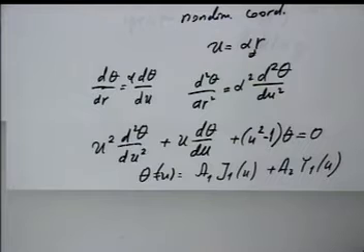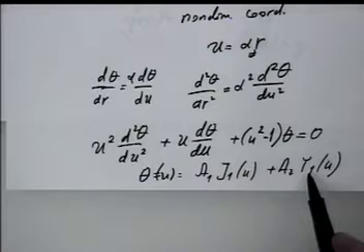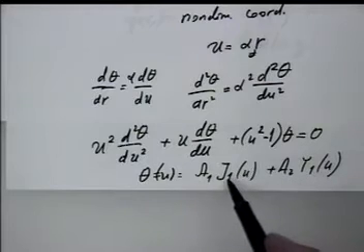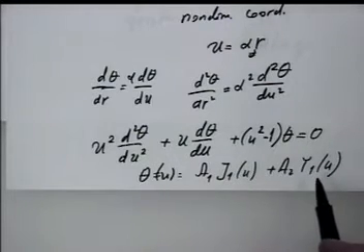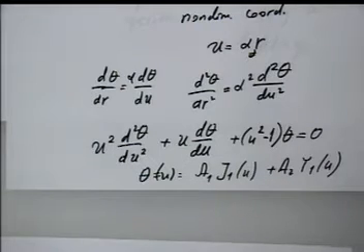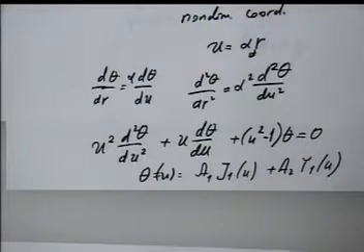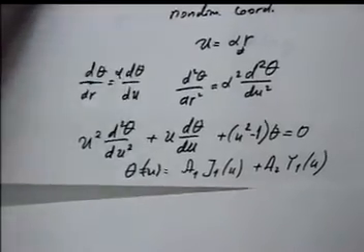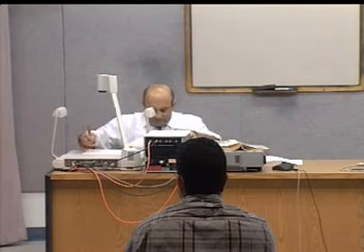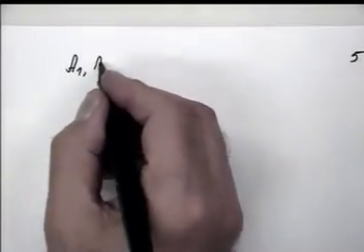Here, that is Bessel function of the first order and second order respectively. That is why we tried to learn this topic in much detail, because we need it. Now, A1 and A2 are integration constants.